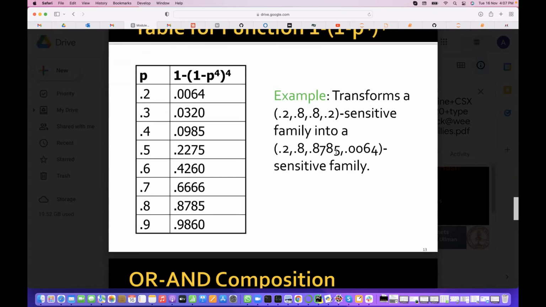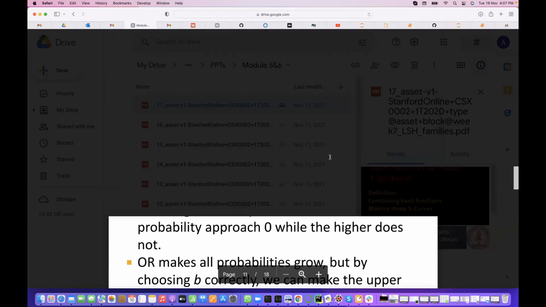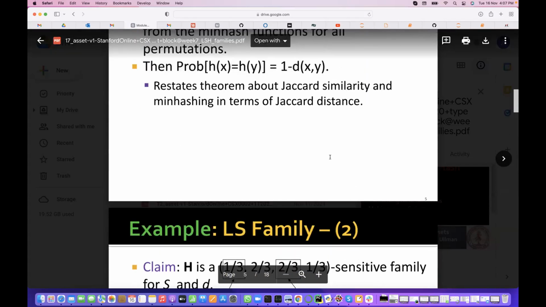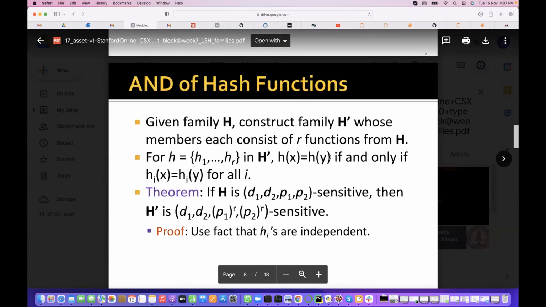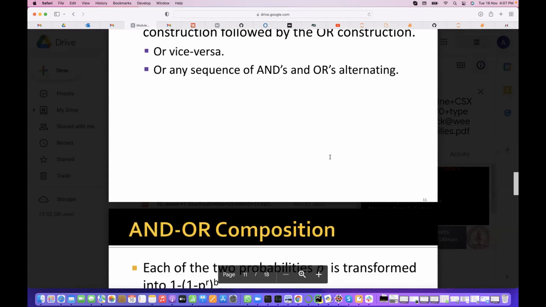So where is the probability between these two? You are getting similarity 0.8785. And if they are not within that distance, more than that distance, still there is probability 0.0064 that it will come. But where is the remaining probability? That is in the middle, right? Between distance D1 and D2.